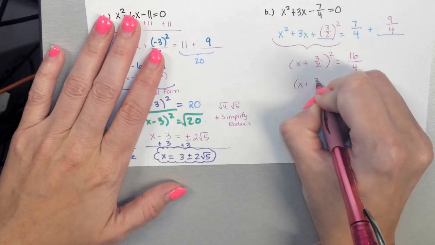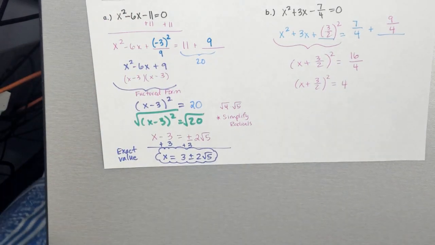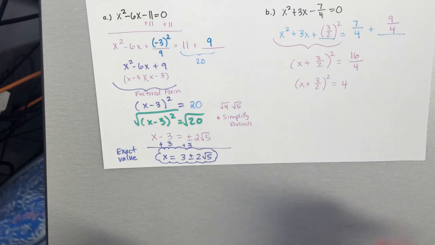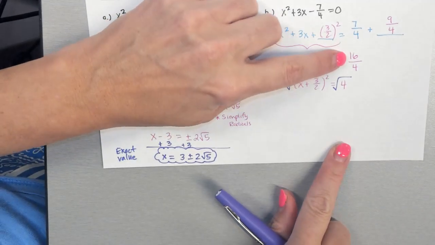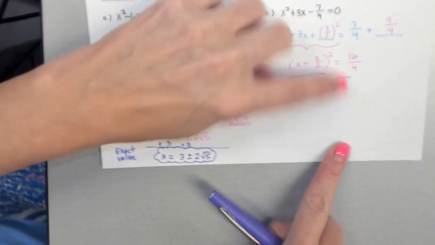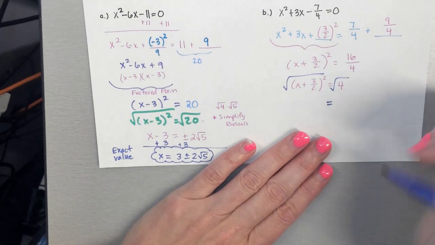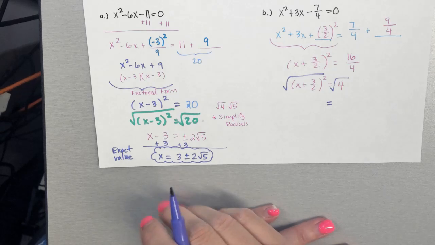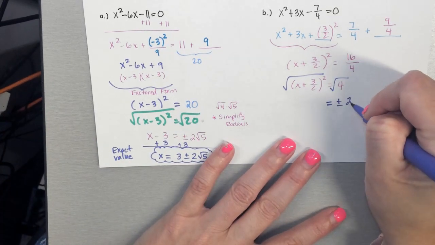Okay, so it's not always going to work out where this is going to be a whole number, but that's okay. You can always square root the top and the bottom of a fraction. If I were to square root 16 over 4, I would end up with 4 over 2, which is going to be the same thing that we're going to get here. But if you have something where the top doesn't simplify, that's okay.